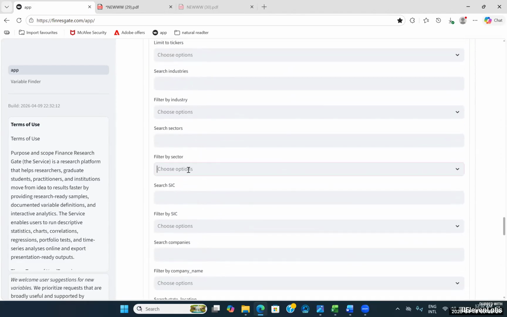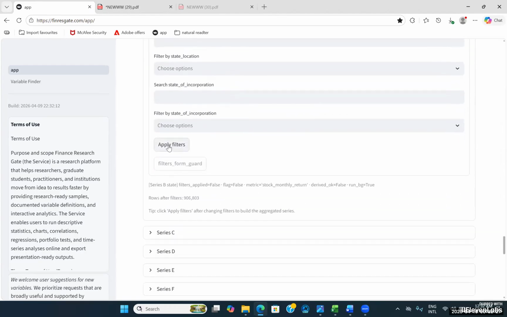I am currently attempting to locate the appropriate sector. Let's select technology and then apply it.